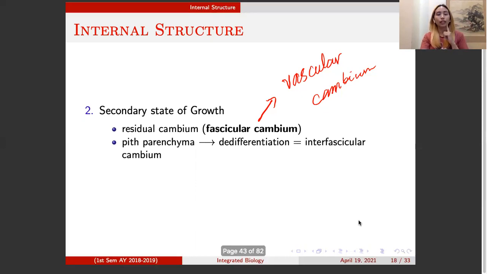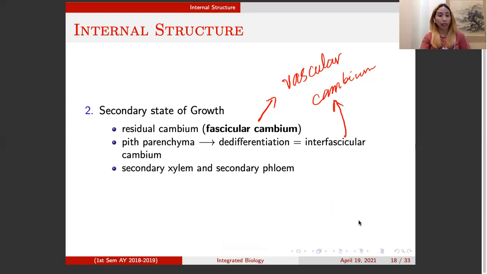And then they will give rise to the interfascicular cambium. Now, the fascicular cambium plus the interfascicular cambium will give rise to your vascular cambium. And the vascular cambium basically gives rise to the secondary xylem and secondary phloem. Okay? So later, when we have a figure, I will repeat that.